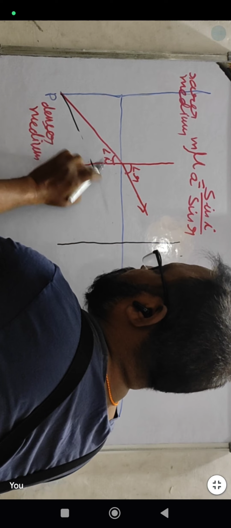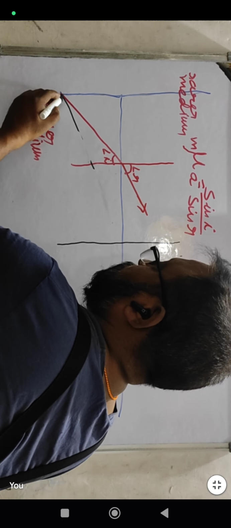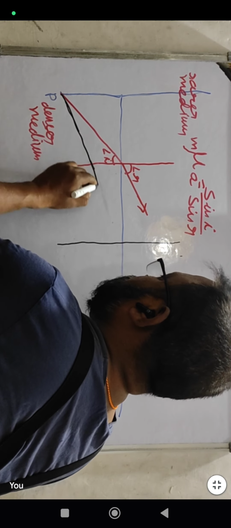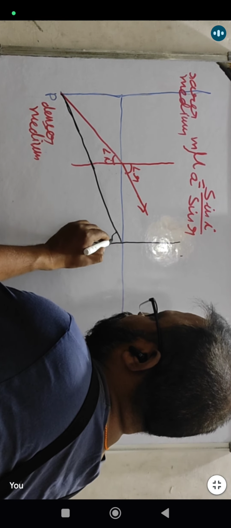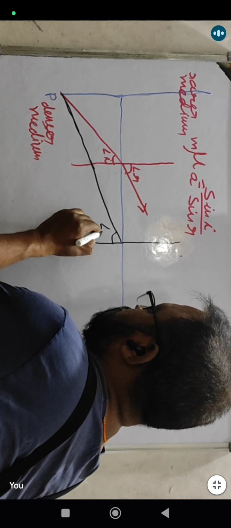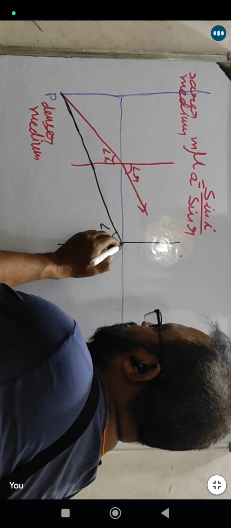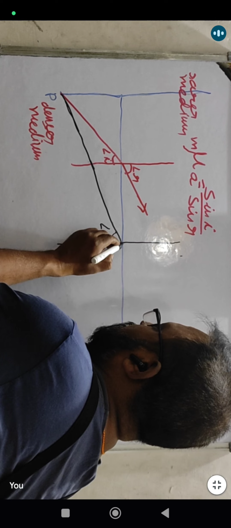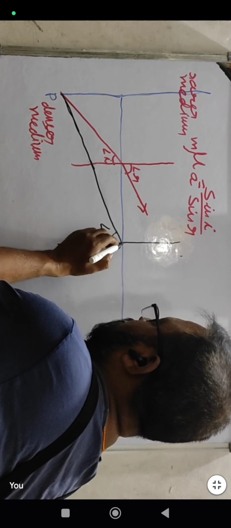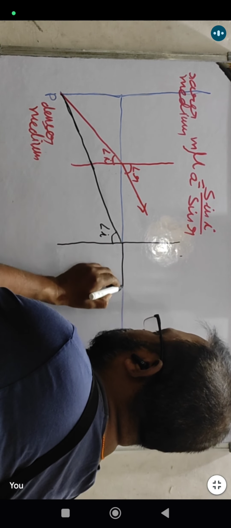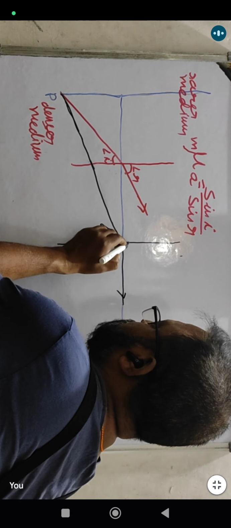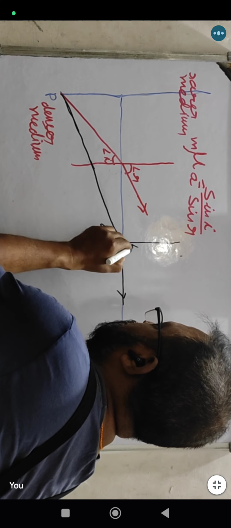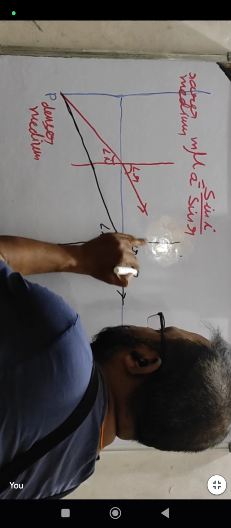This is the angle of incidence, and the refracted ray coincides with the refracting surface, or it makes the angle of refraction equal to 90 degrees, right?